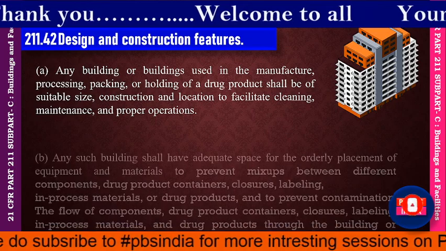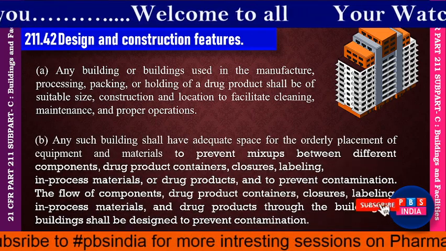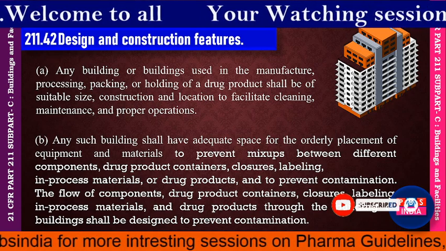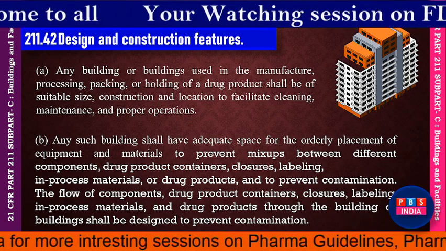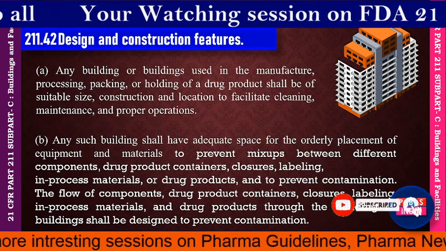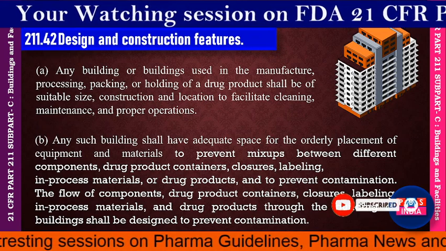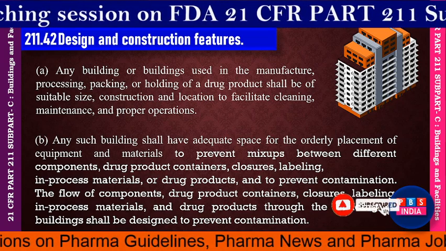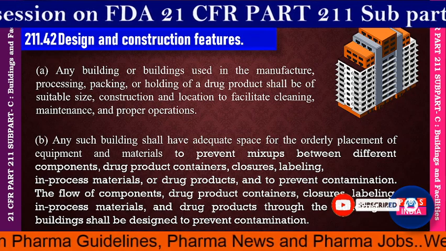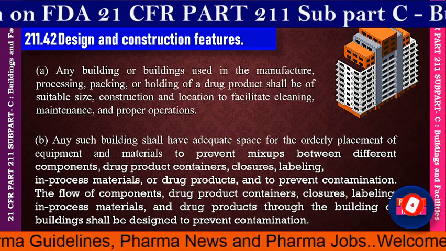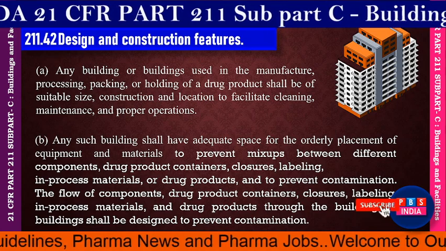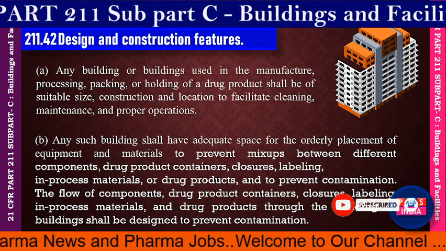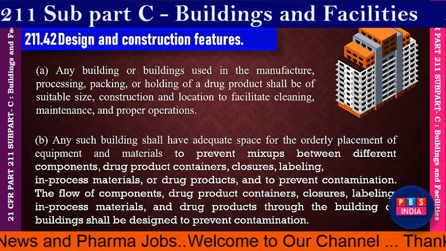Any such building shall have adequate space for the orderly placement of equipment and materials to prevent mix-ups between different components, drug product containers, closures, labeling, in-process materials, or drug products, and to prevent contamination. The flow of components, drug product containers, closures, labeling, in-process materials, and drug products through the building or buildings shall be designed to prevent contamination. Friends, hope you understood what CGMP is saying about.